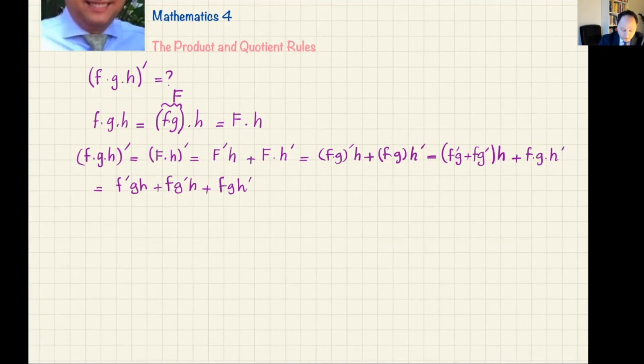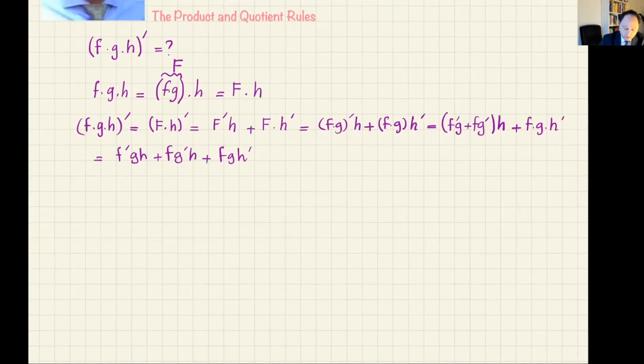If I have three functions, I differentiate the first one, but do not touch the second and the third one. The second time, I differentiate the middle one. I do not touch the first one and the third one. And finally, I do not touch the first and the second one. I just differentiate the last one.